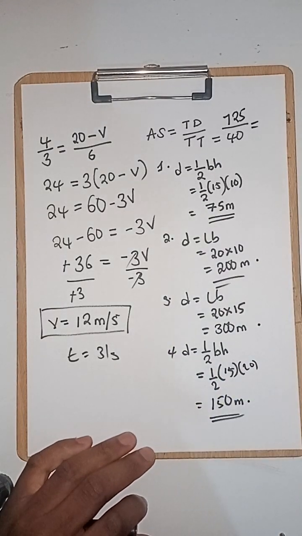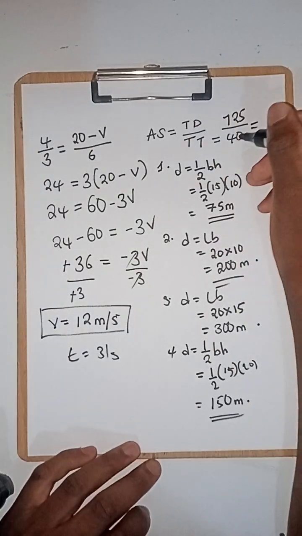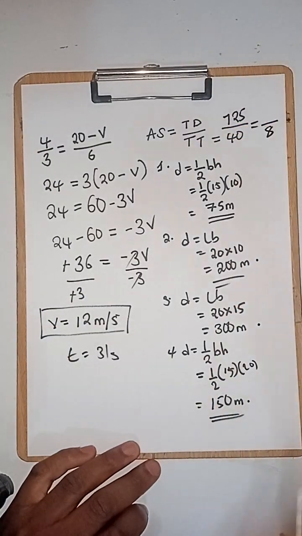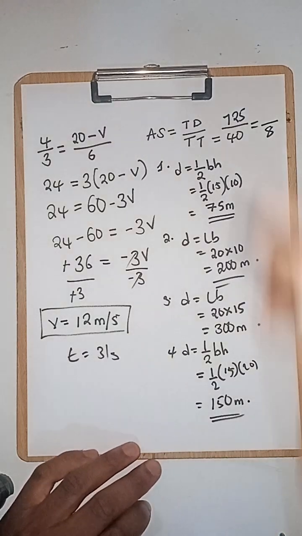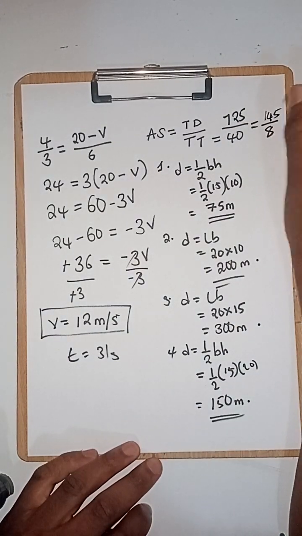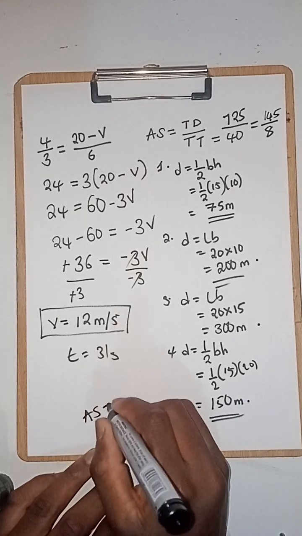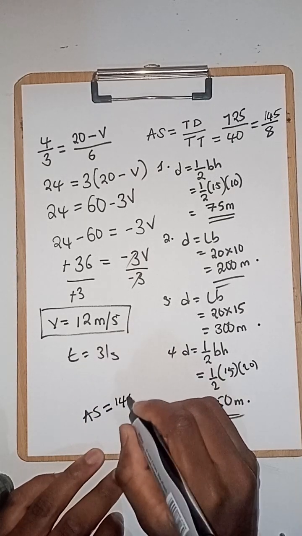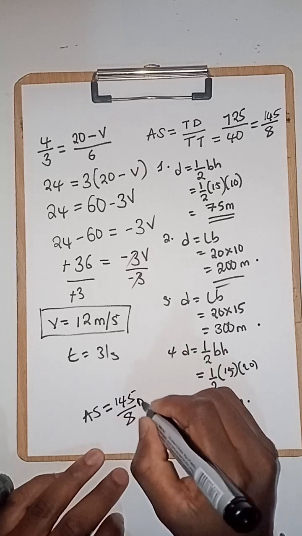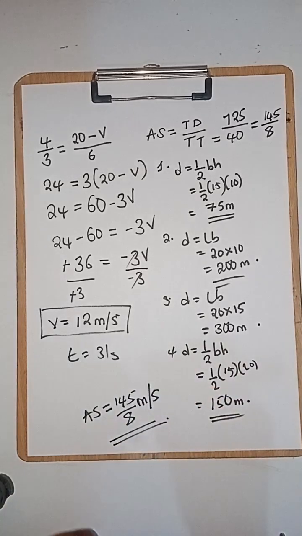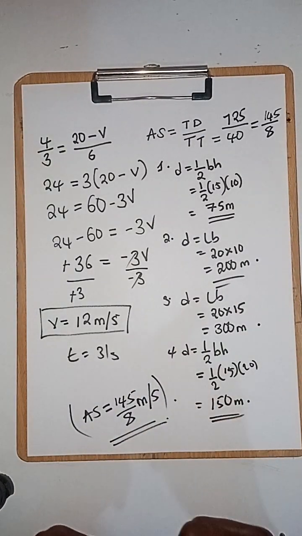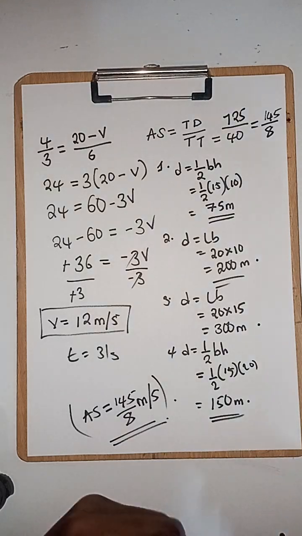We can use 5 in this case. 5 into 40 will give us 8. 5 into 725 will give us 145. So the final answer for average speed will be equal to 145 over 8 meters per second. Don't put a square there. We're not talking about acceleration. So this is how it is done. For now, stay blessed and take care, and thank you for watching.